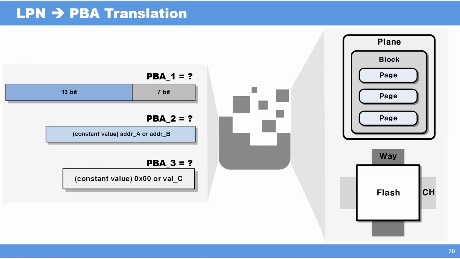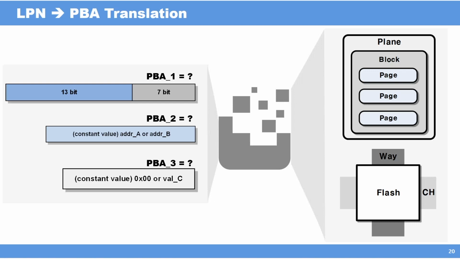And then we should know exactly what they are. Actually, a NAND flash die is comprised of planes which contain blocks, which contain pages, which contain individual sets of data. Although we did not come across a confidential dataset, judging from the size of their bits, PBA1 is the block and page address concatenated together. The part of 7 bits in PBA1 indicates the page address, so they contain 128 pages in a block.